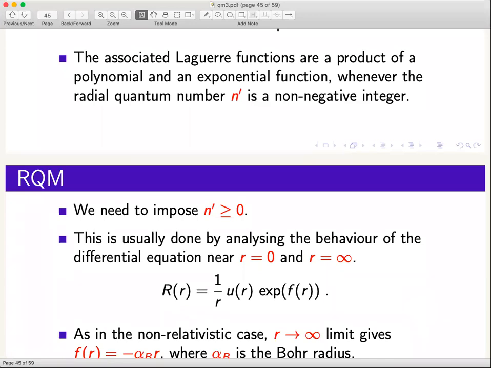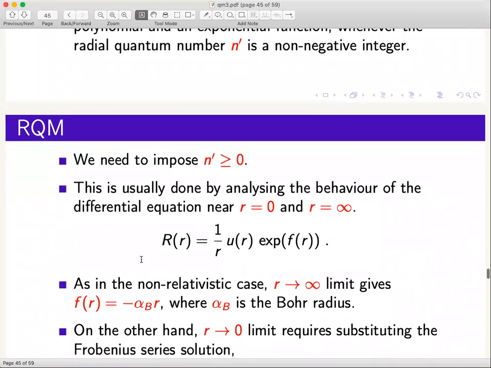So what we do is substitute the radial part of the wave function to be 1 over r times u of r, which is some function which is kind of a polynomial, I'll tell you the form we are going to use, times the exponential of some other function of r. We will fix these two functions by solving the differential equation in two different limits.